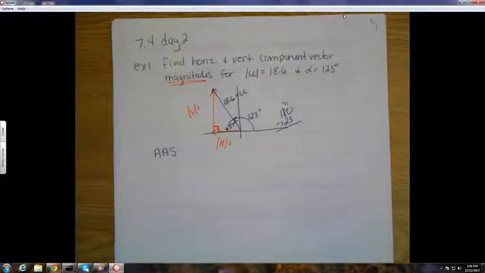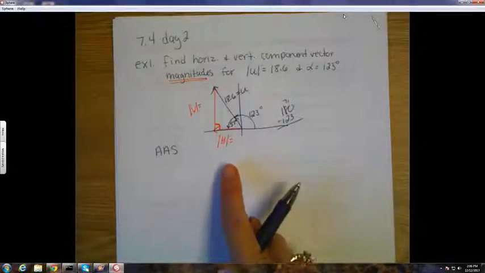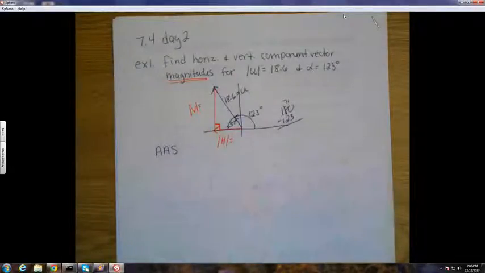So go ahead, type in your AAS, and then you have to distinguish which one's the horizontal, which one's the vertical, from the three answers that show up. You've got to know how to do it. Plug and chug. It'll take you about 5 seconds to type it in and get some answers, but then can you give me the right one? And if you can't, we've got some explaining to do.